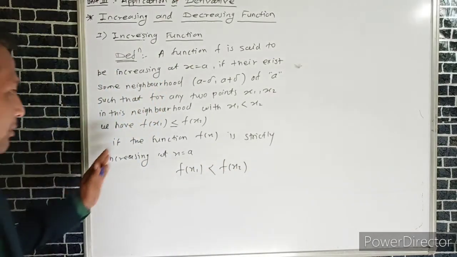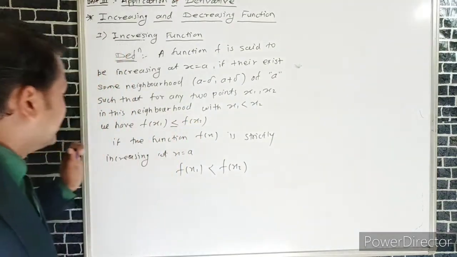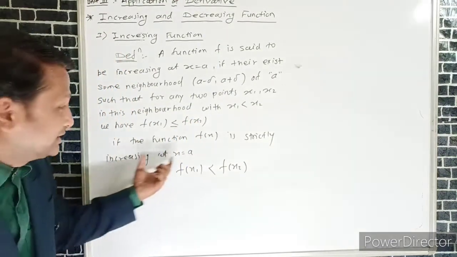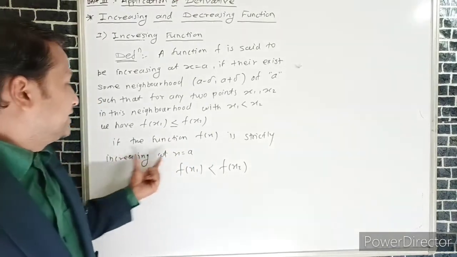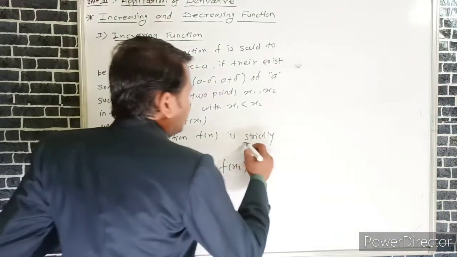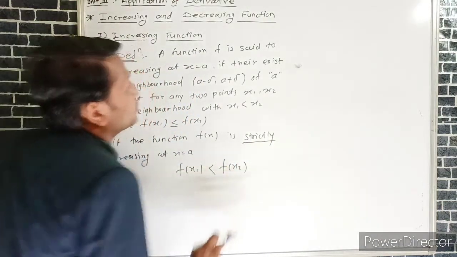If f of x1 is less than or equal to f of x2, then we can simply say that the function is increasing at x equals a. But if the function is strictly increasing at x equals a, then f of x1 is less than f of x2.